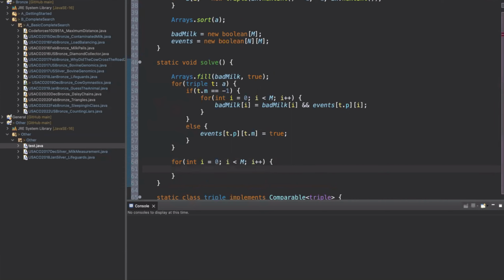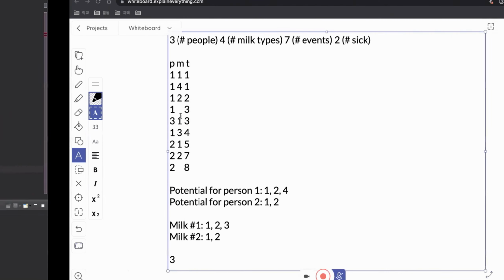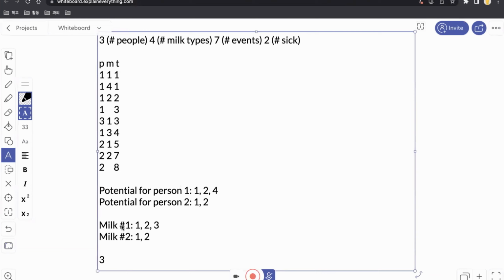So now we're doing the second part, where now that we know the potential contaminated milks, we're going through the list of events again, and seeing which people were affected for which milk type.